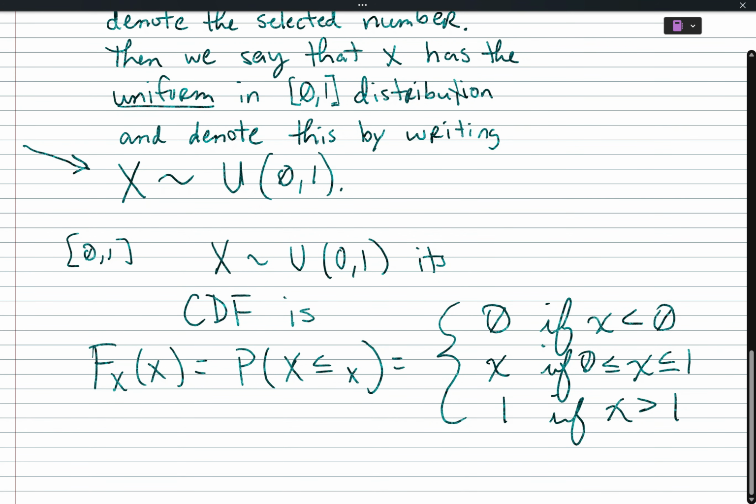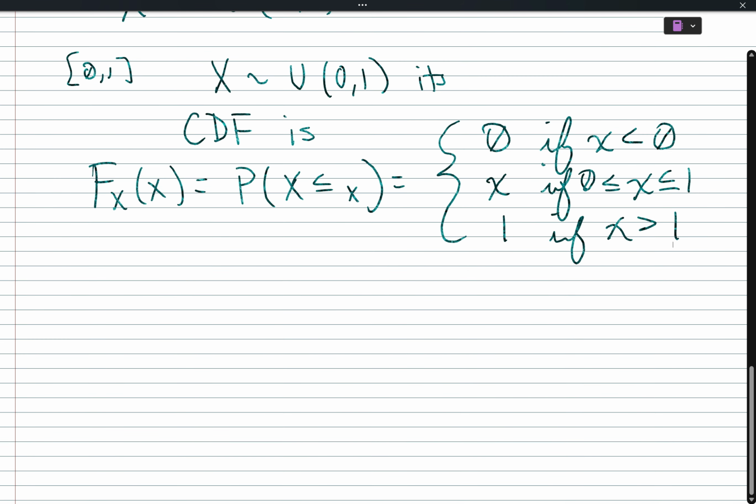In addition to the cumulative distribution function, the probability distribution of a continuous random variable can also be described in terms of its probability density function. Let's look at another definition.